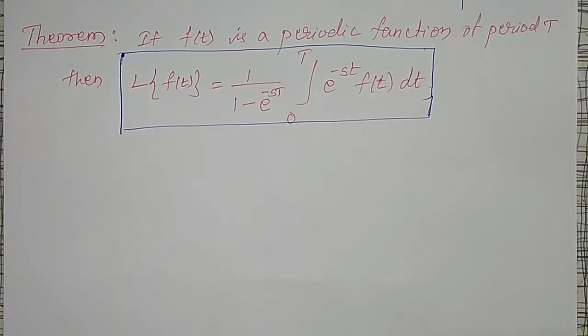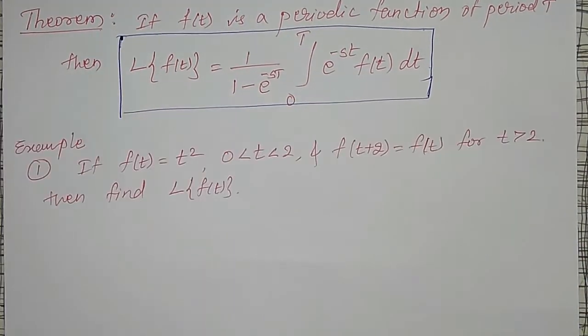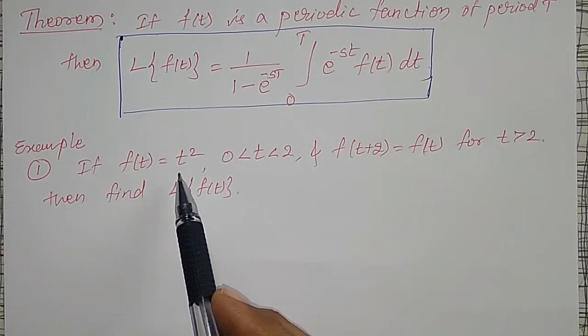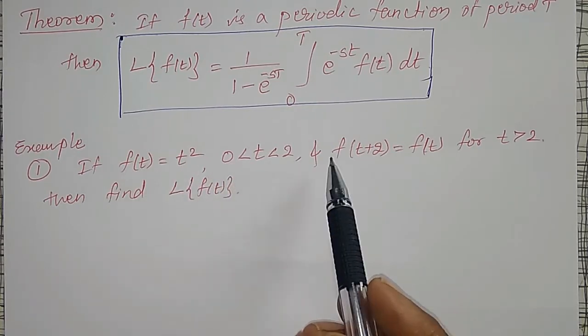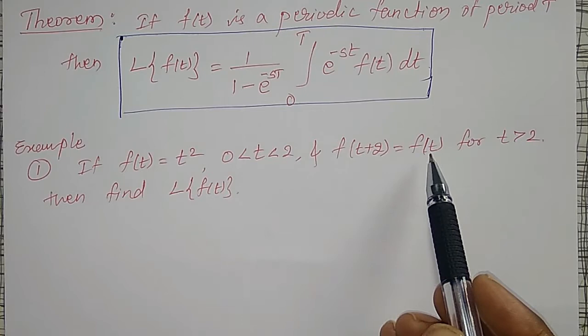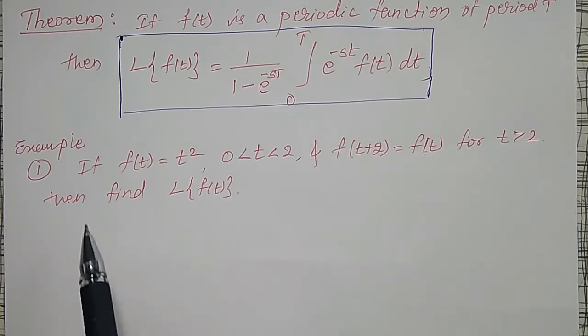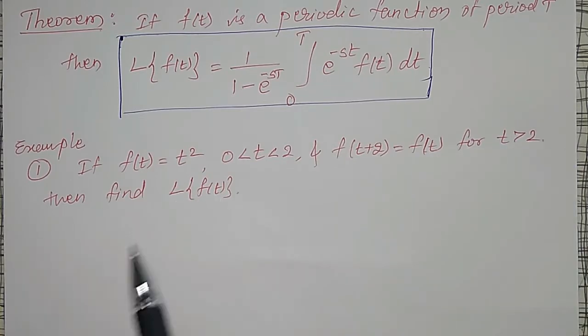Example on this I am going to solve here. In this example, f of t is equal to t square, where t is lying between 0 to 2, and f of t plus 2 is equal to f of t for t greater than 2. Then find the Laplace transform of f of t.